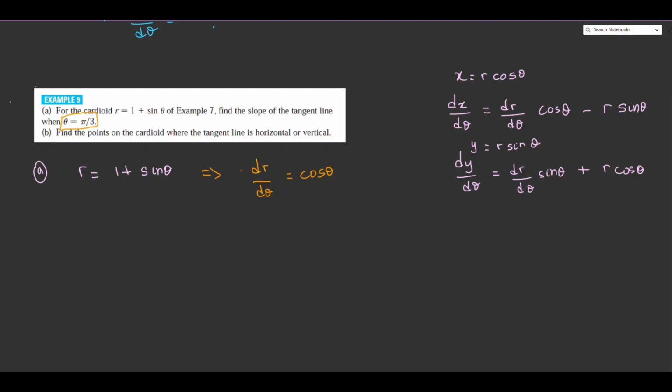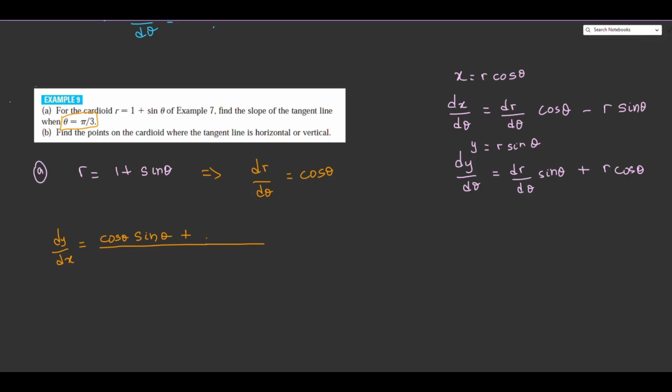So now what you have to do, you have to substitute everything first of all in this formula dy by dx. And remember, dy by dx is equal to dy by d theta over dx by d theta. In dy by d theta, dr by d theta is equal to cosine of theta, multiplied with sine of theta, plus r.